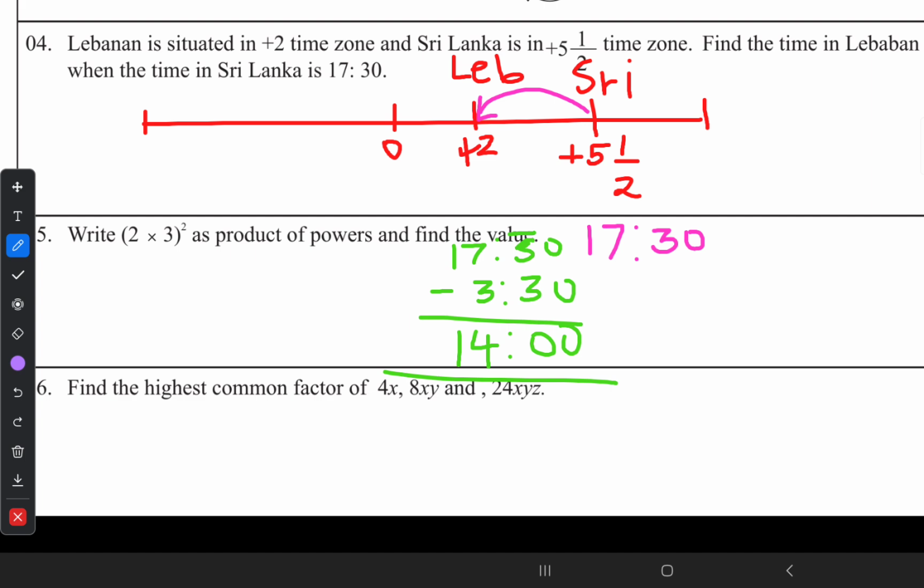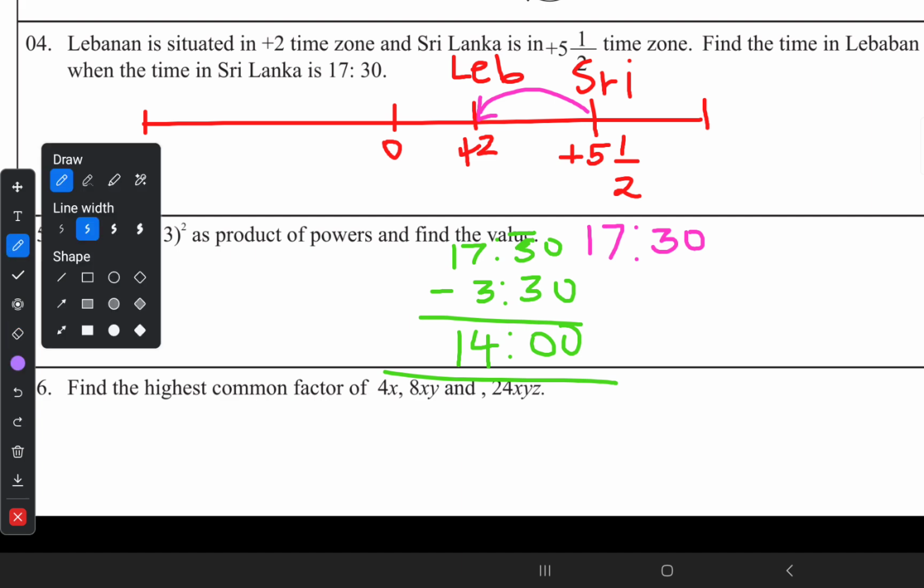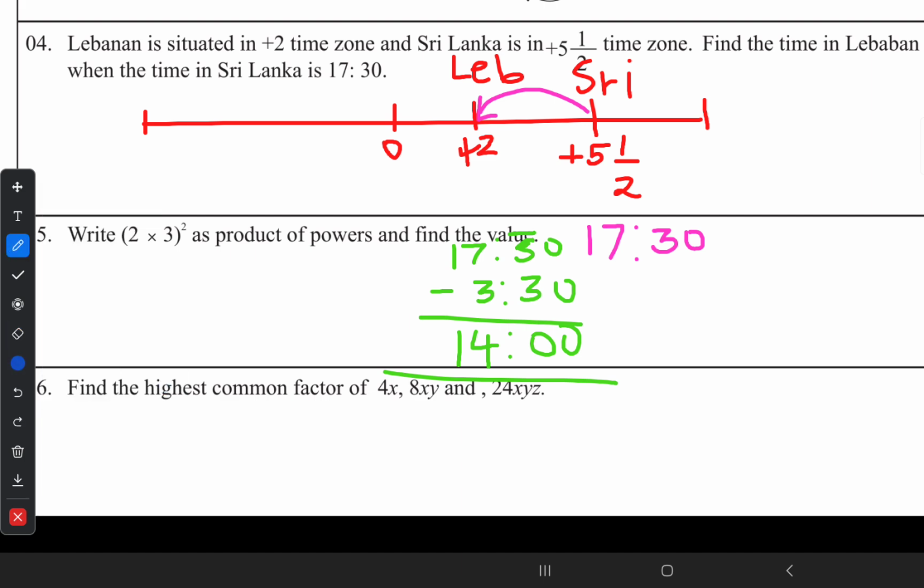Then let's see our next one. Write the expression as a product of powers. Find the value. Product of powers. This one is given as power of product. We have to give it as product of powers. So what we need to do is 2 multiplied by 3, the whole to the power of 2. We can write it as 2 to the power of 2 and 3 to the power of 2. The power, that means the index 2, belongs to both 2 and 3.